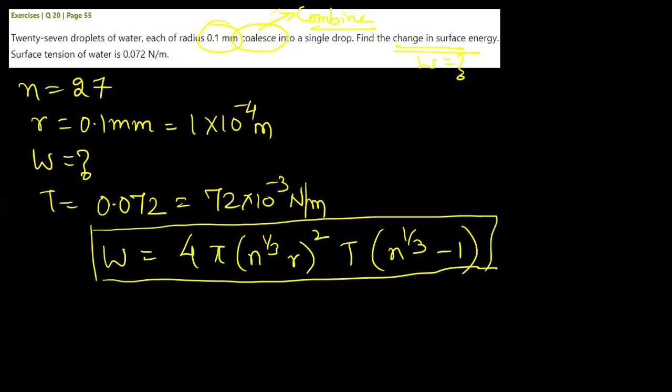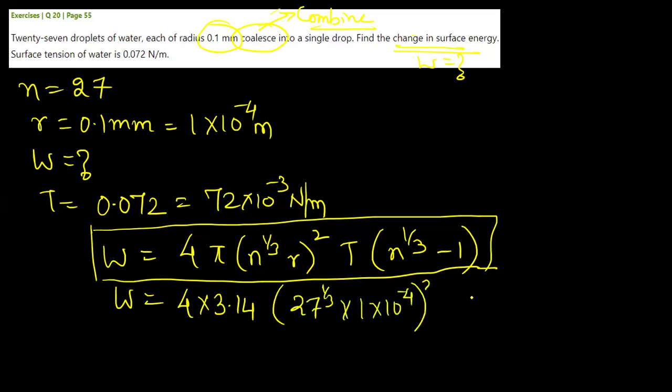Work done, which means surface energy, will be equal to 4 pi, n raised to 1 by 3 small r, the whole squared, into T, into n raised to 1 by 3 minus 1. Please remember, n raised to 1 by 3 is the cube root of the number which is given to you. So W will be equal to 4 into 3.14 into the cube root of 27, into 1 into 10 raised to minus 4 whole square, into surface tension T, 72 into 10 raised to minus 3, into cube root of 27 minus 1.